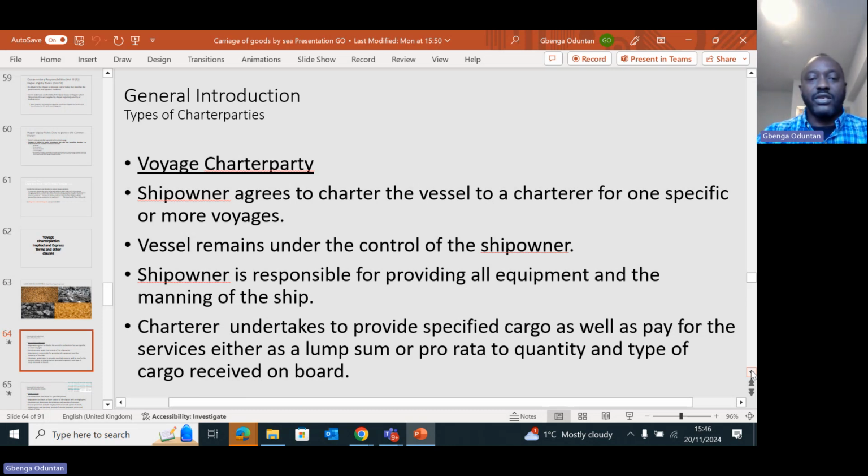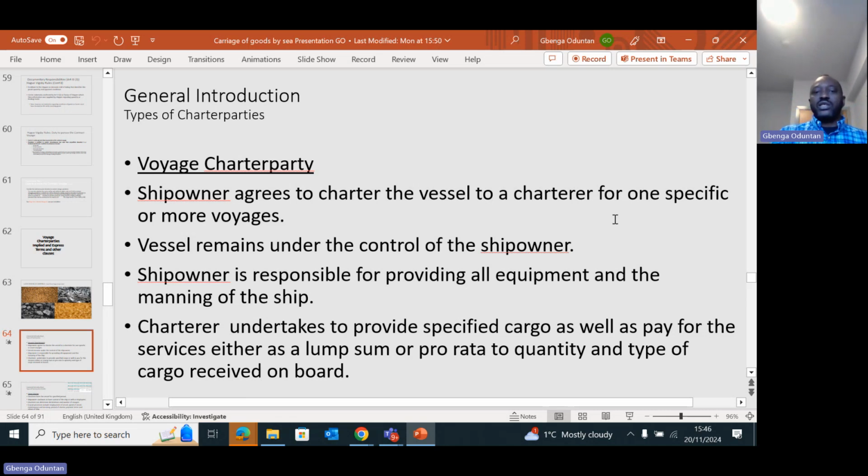The voyage charter party is where the ship owner agrees to let his ship work for the charterer for a voyage or 2 voyages. This entire voyage is what is contracted for, or the entire 2 or 3 voyages. Move from here to there is a voyage. Move from here to there and back, we see as 2 voyages. So the voyage is what is contracted for, and the entire ship is what is contracted for.